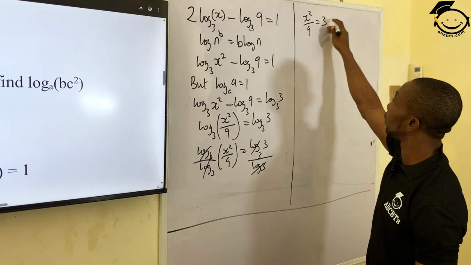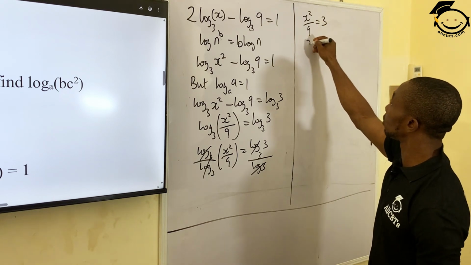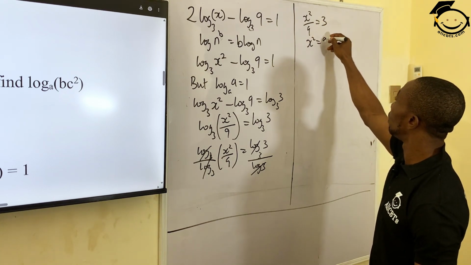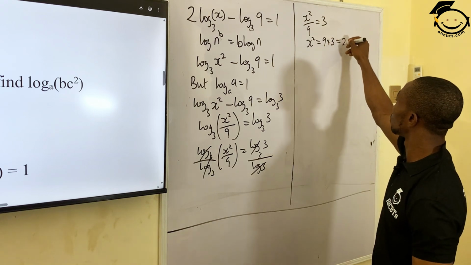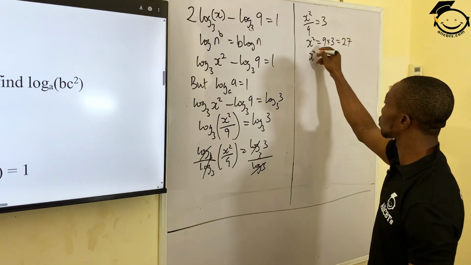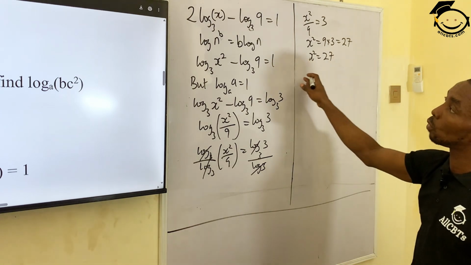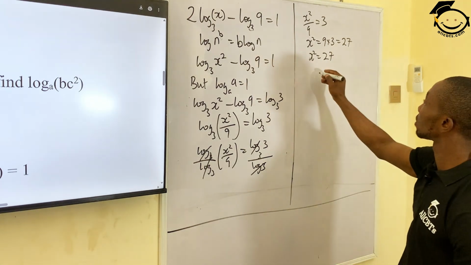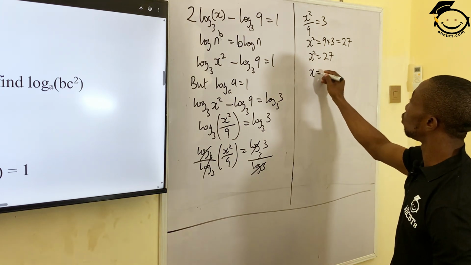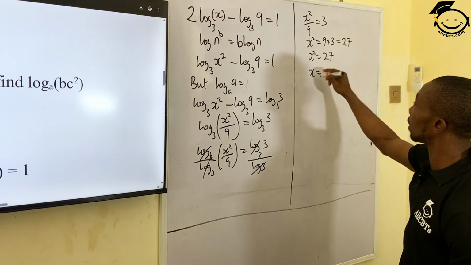At this point, we cross multiply. This becomes x squared equals 9 times 3, which is 27. If x squared is equal to 27, we are asked to solve for x, so we take the square root of both sides.